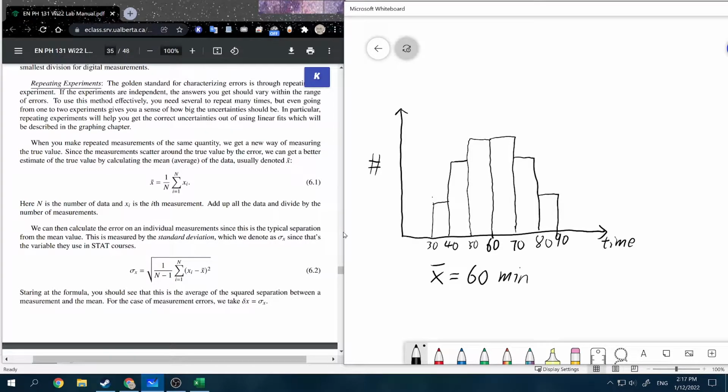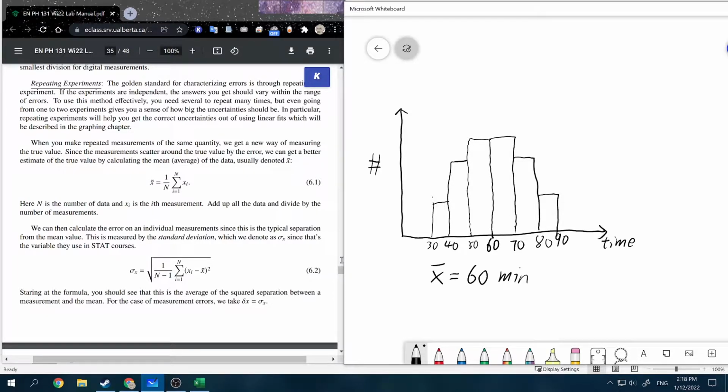You can also calculate the standard deviation of this set of measurements. So xi is the time each student finished minus the mean, which is 60 minutes.